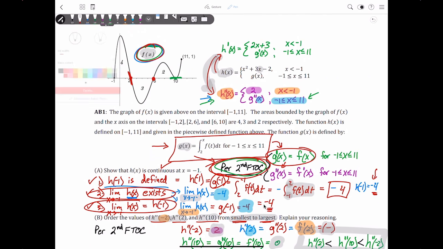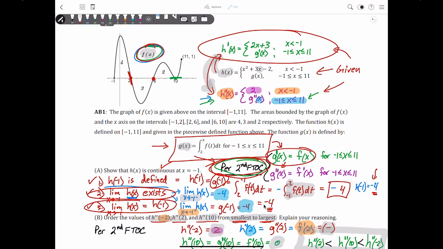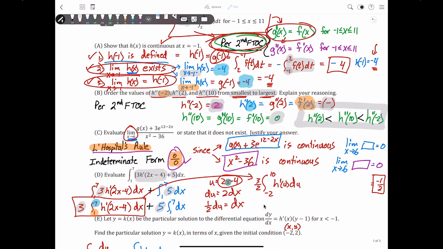With this piecewise function, what we were given before, we were given this, and we derived it so we could get, again, the derivative and the acceleration piecewise function. Okay? I'm going to now evaluate the integral, or the area underneath the curve, from -2 all the way to 2. So we know the antiderivative of h prime is just h of u.